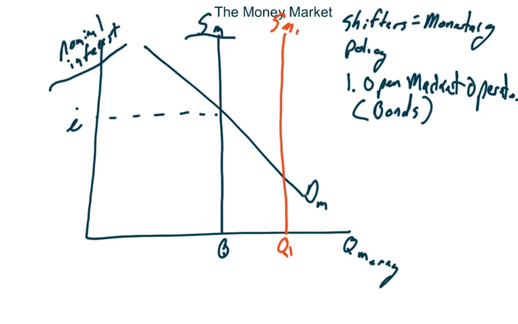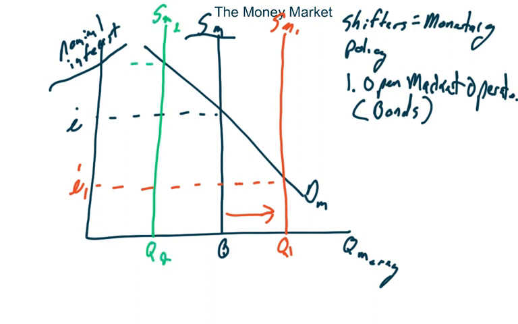And as you can see here, interest rates have now dropped because of that. Now, if we want to decrease the money supply, we would then turn around and we would sell bonds. Sell bonds means small bucks. And we wind up here with higher nominal interest rates.